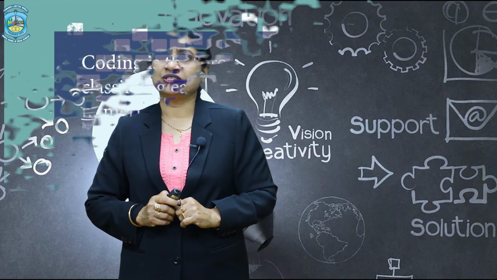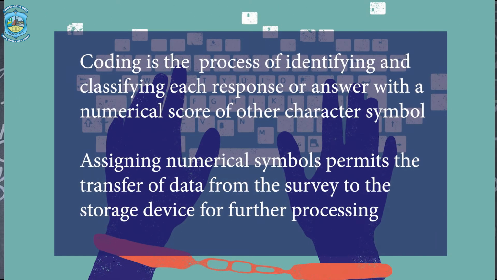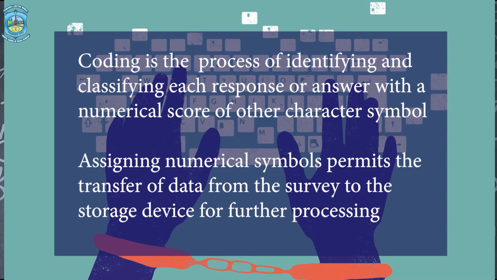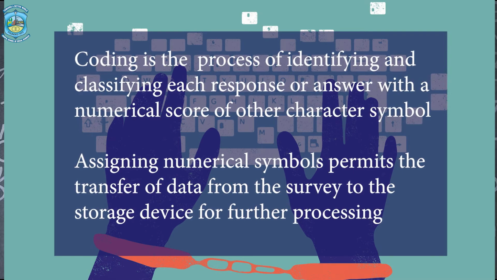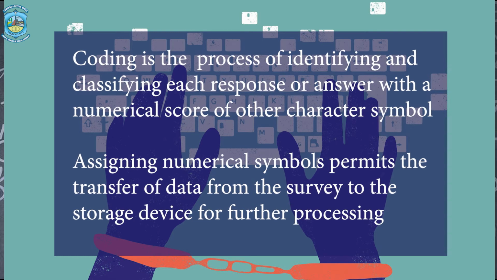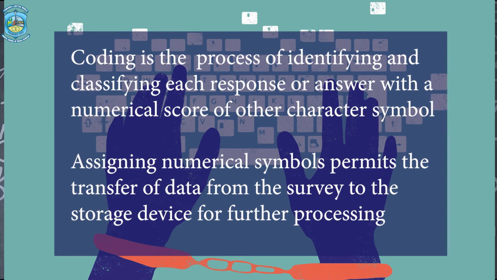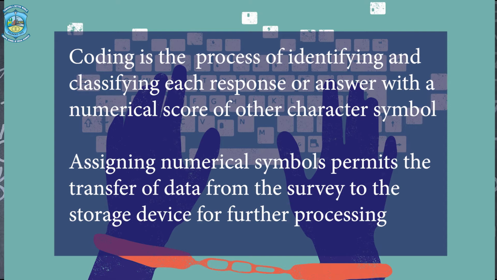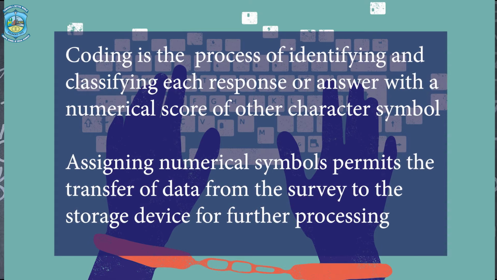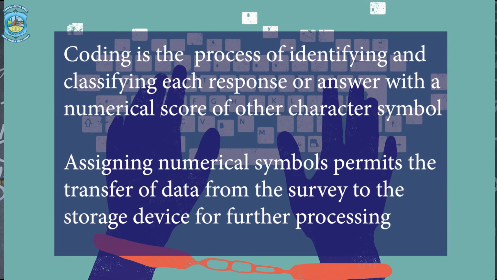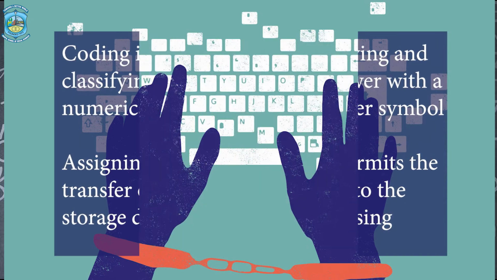Coding is the process of identifying the classified responses or answers with a numerical score or a character or a symbol. Assigning numerical symbols permits the data transfer from the survey to the storage device for further processing.